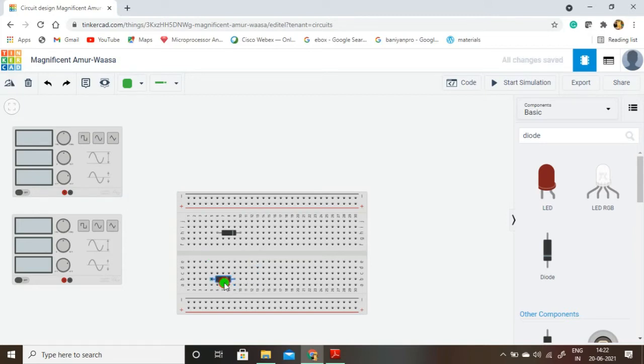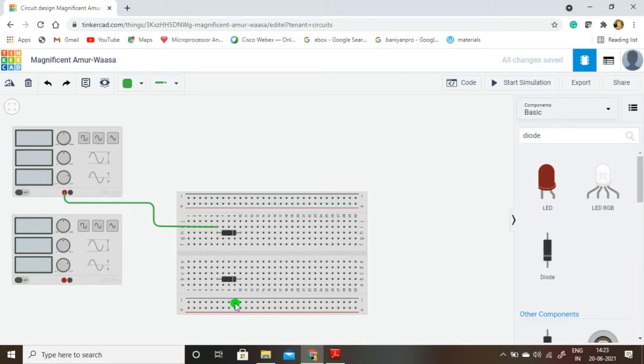Now I am going to see the input, where we are going to connect the positive. Here I am going to connect the positive. The positive terminal of this function generator is to be connected to the anode terminal of this diode.